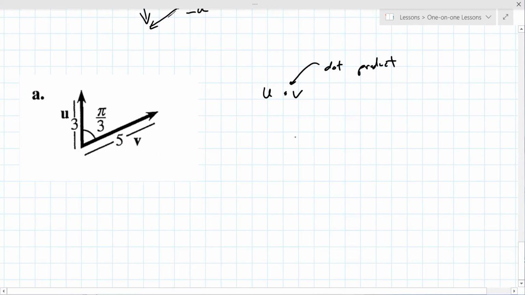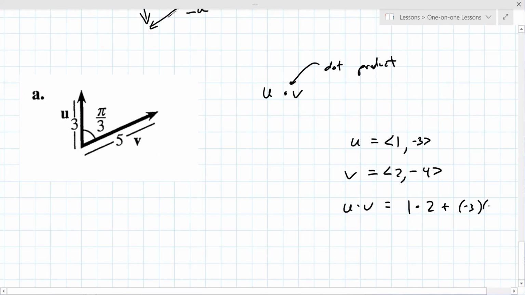In the more traditional examples, I tell you that U is 1 comma negative 3, and V is 2 comma negative 4, and U dot V is 1 times 2 plus negative 3 times negative 4. The problem here is we don't have any of these vectors. We just know how long they are, and we know the angle between them.